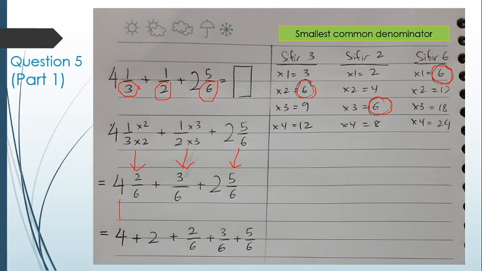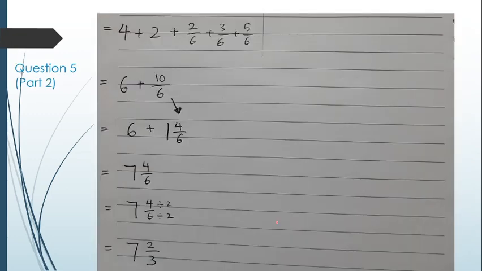So whole number plus whole number, fraction plus fraction plus fraction. Okay, so whole number plus whole number plus fraction plus fraction plus fraction. 4 plus 2 is equal to 6, and then here, okay, remember, the denominator is the same.